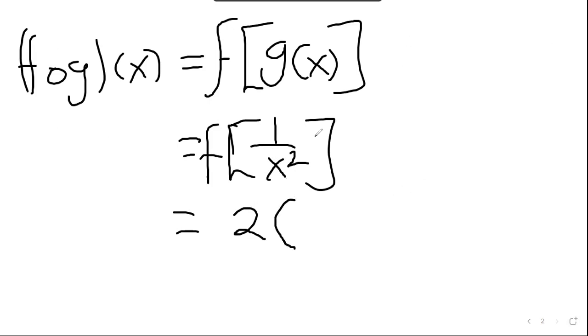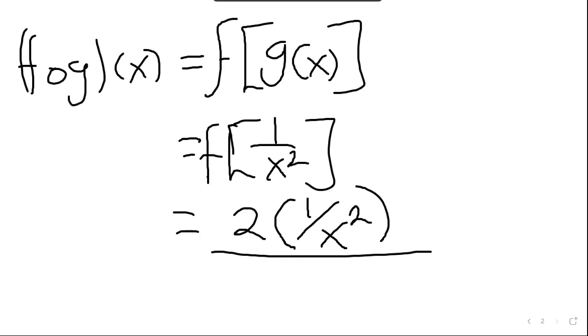Where you are seeing x, you have to put 1 over x squared. So this is going to be 2 times 1 over x squared, over 4 minus 1 over x squared, like that.